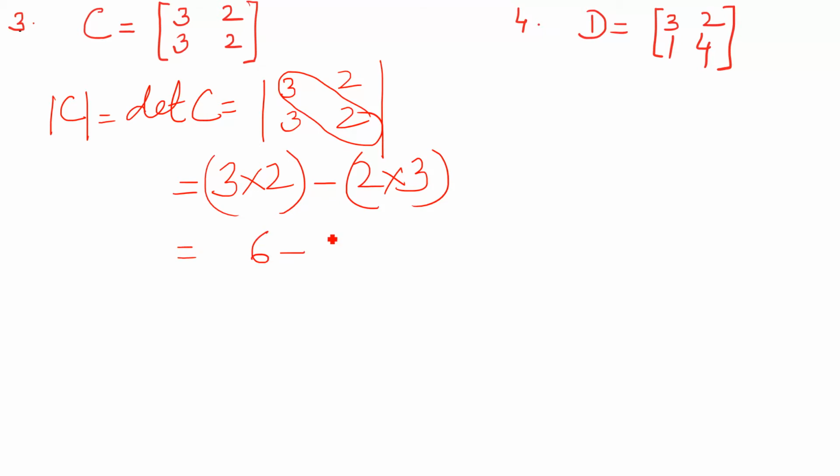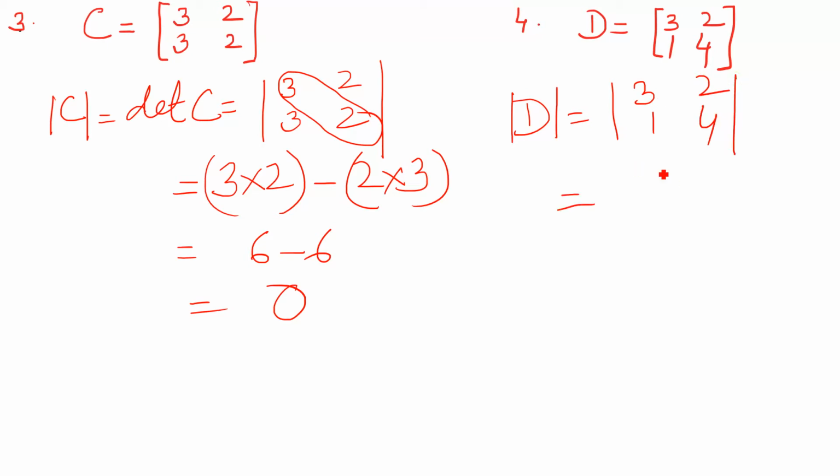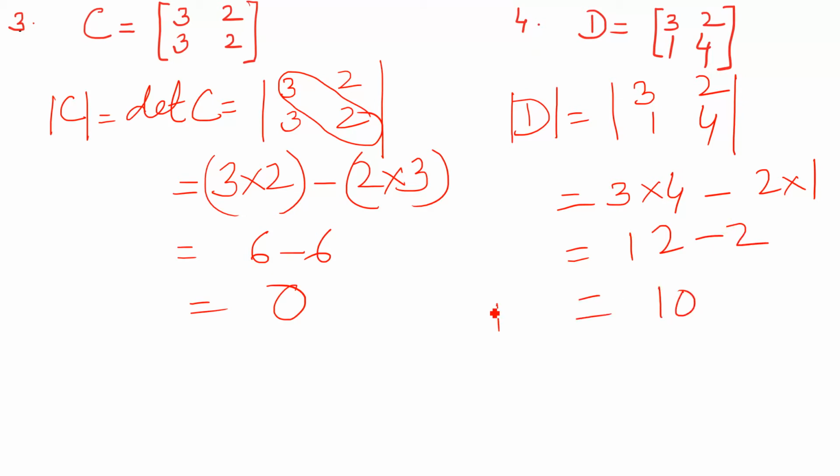So it is 6 minus 6, which is equal to 0. Determinant of D, same thing. First you write it down like this, then cross multiply, 3 multiplied by 4, then we use the negative sign, 2 multiplied by 1, which is 12 minus 2 equal to 10. So the determinant of D is equal to 10.